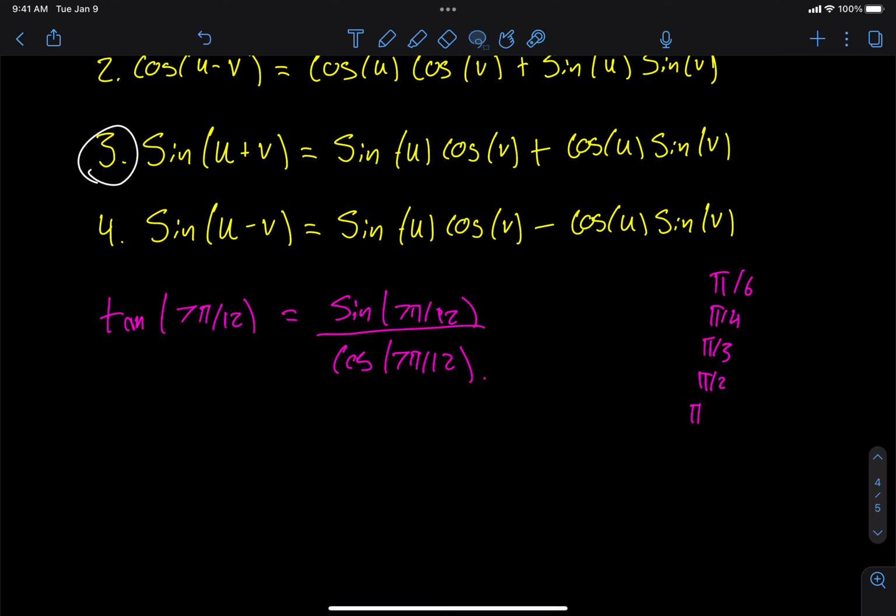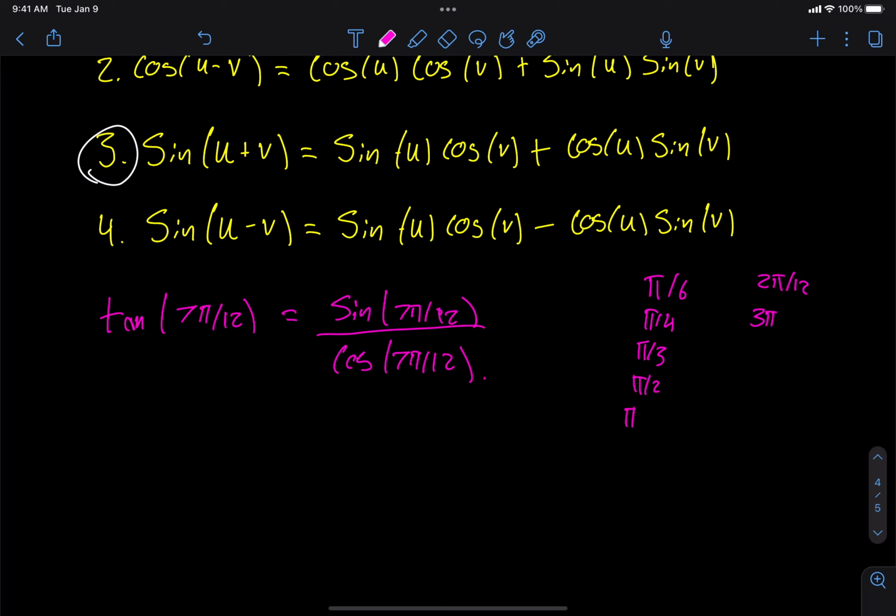One easy thing that will probably help you to do that is to translate all of them into the same denominator. So pi over 6 could be written as 2 pi over 12. Pi over 4 can be written as 3 pi over 12. Pi over 3 can be written as 4 pi over 12. Pi over 2 can be written as 6 pi over 12.